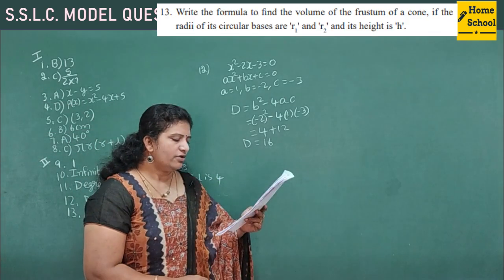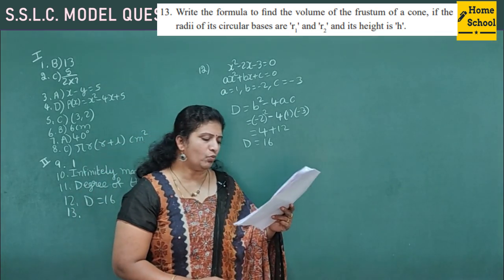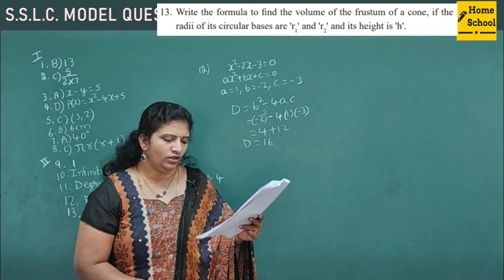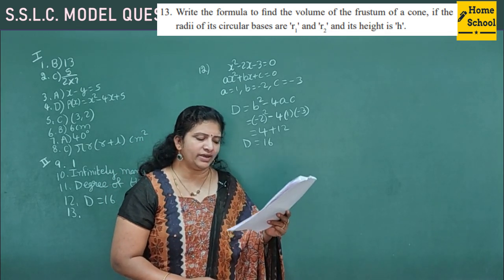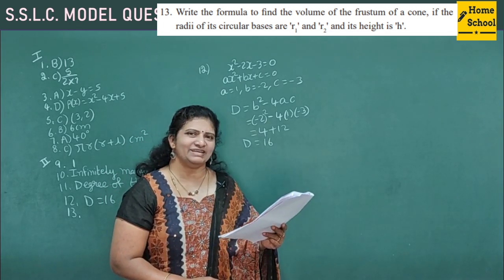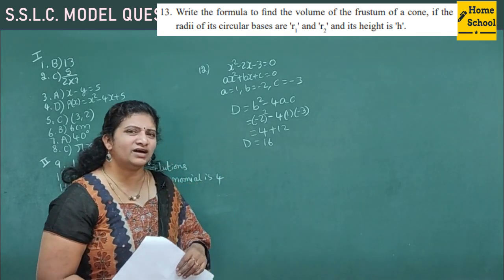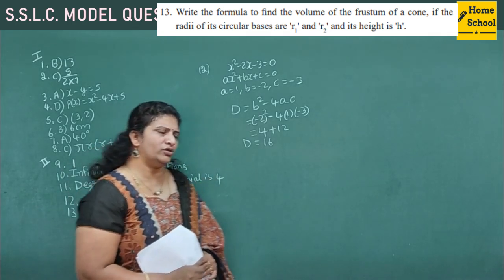13th question. Write the formula to find the volume of the frustum of a cone if the radii of its circular bases are R1 and R2 and its height is h. What is the volume of frustum of a cone?